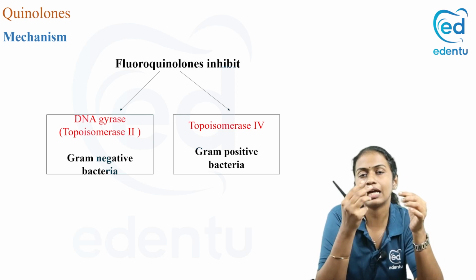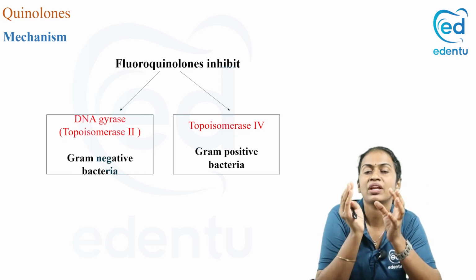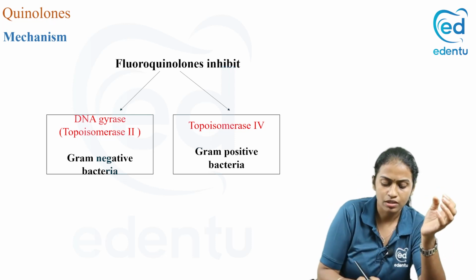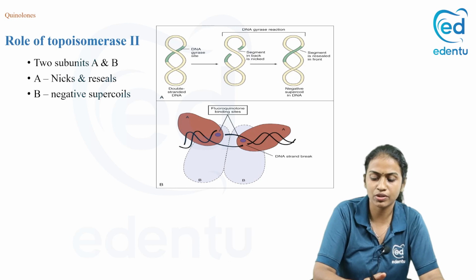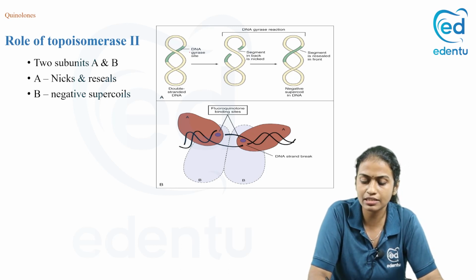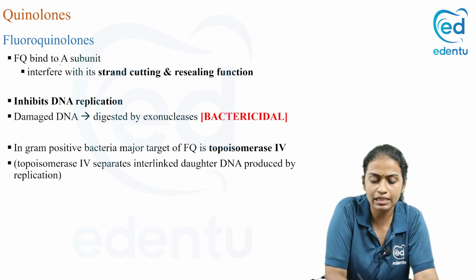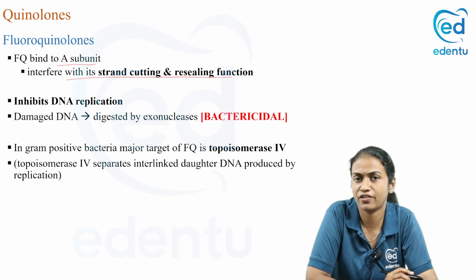This cutting and resealing is done by one subunit, that is the A subunit. The introduction of negative supercoils is by the B subunit. So fluoroquinolones bind with this A subunit. You can see here the A subunit will cut, then B will introduce negative supercoils, and then it will again get resealed. So fluoroquinolones bind with the A subunit and interfere with the cutting and resealing function.